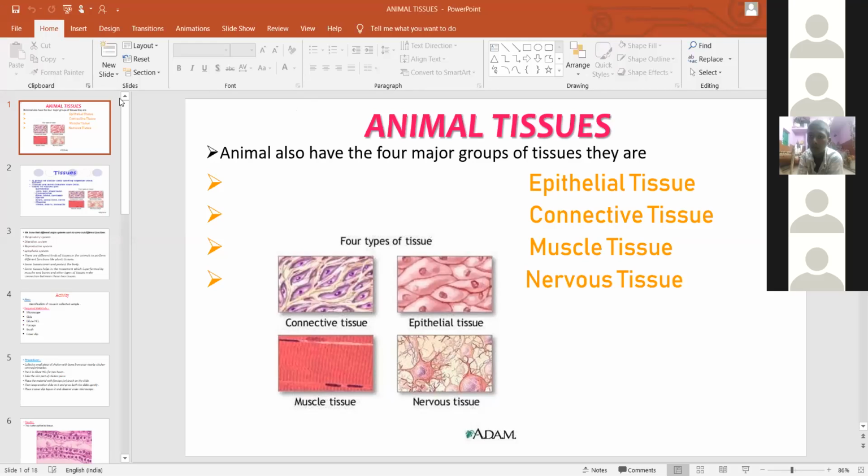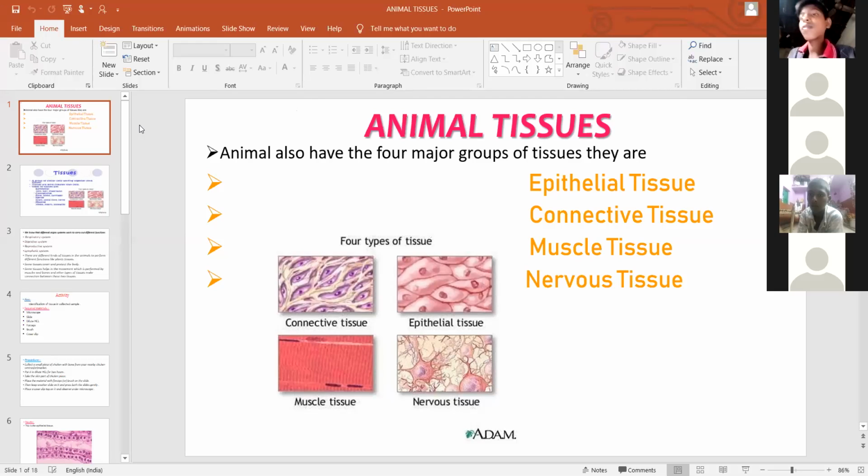Next, we are going to learn a new topic, that is animal tissues. Plants have 4 major groups of tissues and animals also have 4 major groups of tissues.